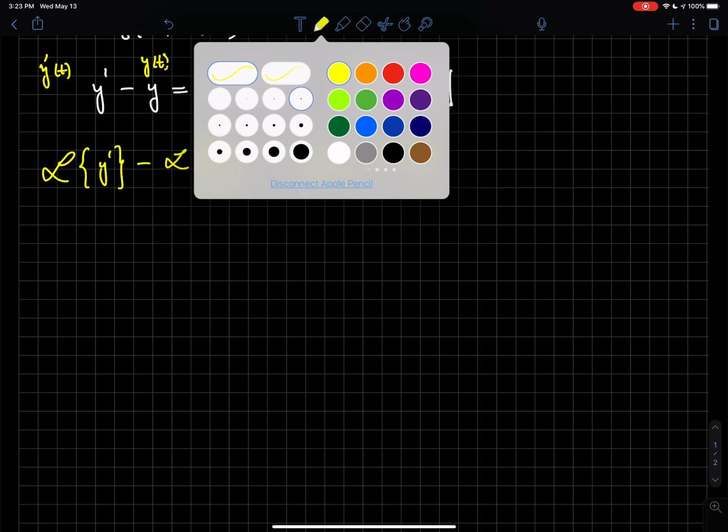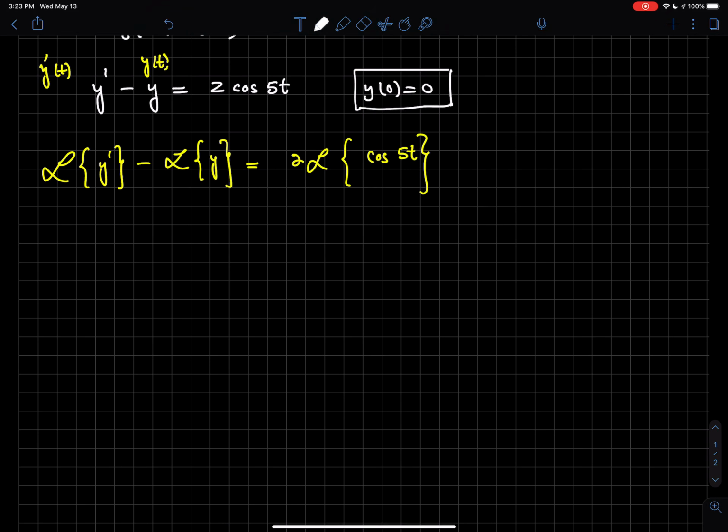So now let's take the Laplace transform using the definition. Laplace transform of y prime is s Y of s minus y of 0, minus the Laplace transform of y, which is just Y of s, equals 2 times, now the Laplace transform of cosine of 5t is s over s squared plus 25. And I'm sure you all remember that.